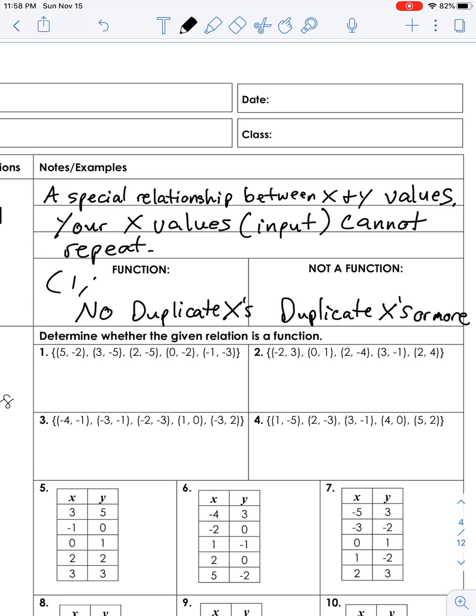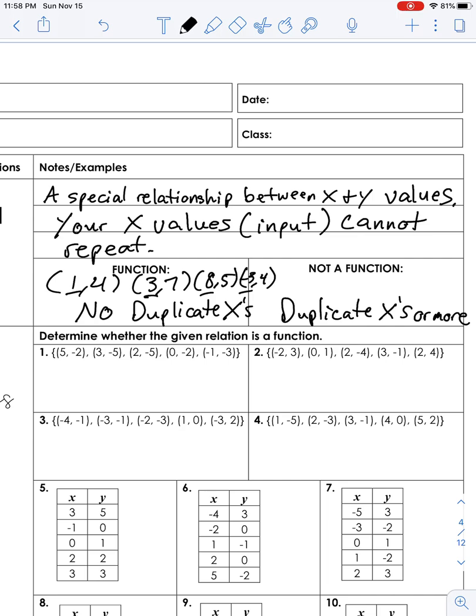So for example, if I gave you 4 points, just going to make them up off the top of my head. Look at all the x's. So 1, 3, 8, -3. All of them are different, function. Really simple.